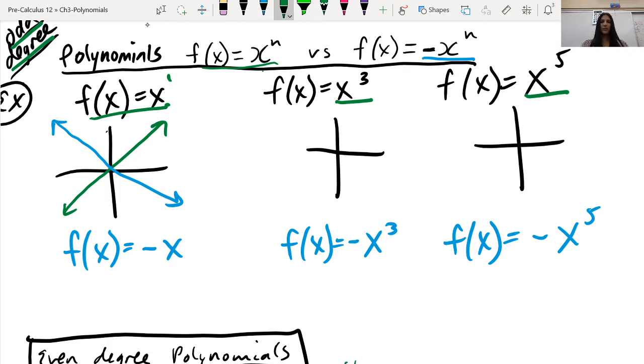Now when we move on to x cubed, this would start down here, and it would make this type of shape. Before I do the blue stuff, I want to show you the pattern of behavior. So we're going to do x to the 5 as well, which ends up being similar to x cubed, but it would reach the values much quicker because the exponent has gotten larger.